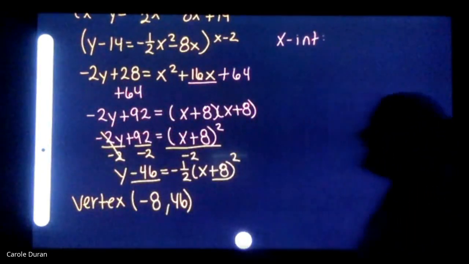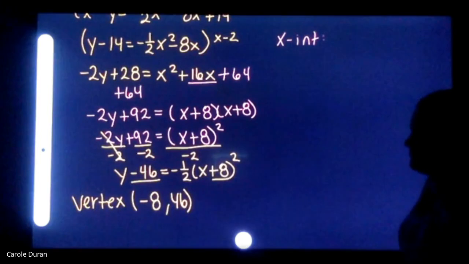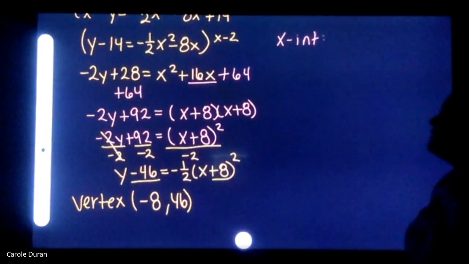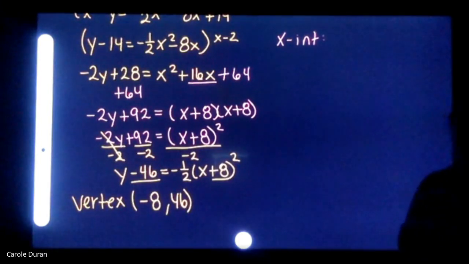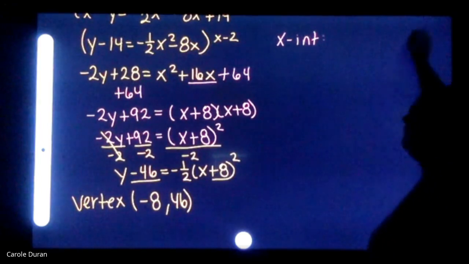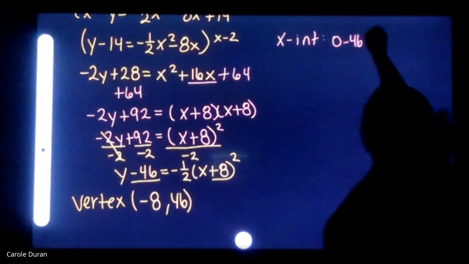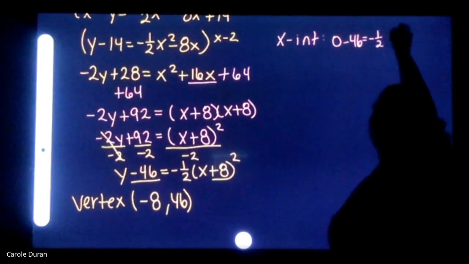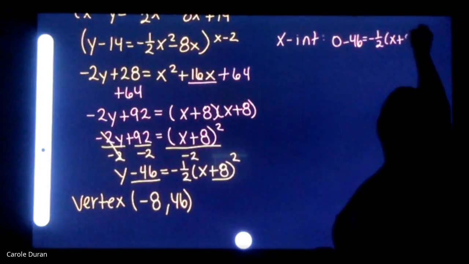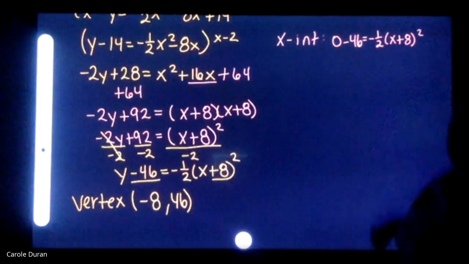We'll start with the x-intercept. To find the x-intercept, I put 0 in for y and then solve. So I'm going to have 0 minus 46 equals -1/2 times (x plus 8) squared.